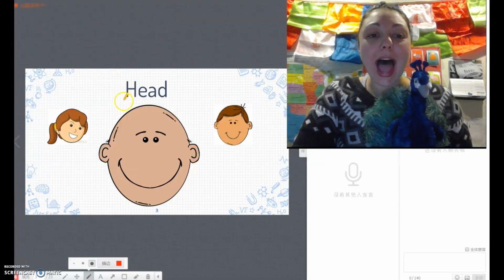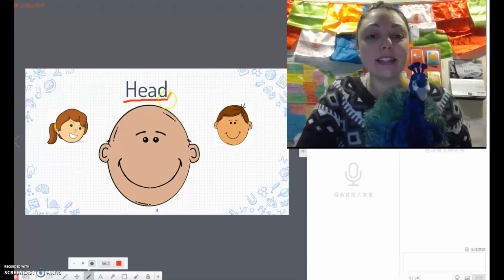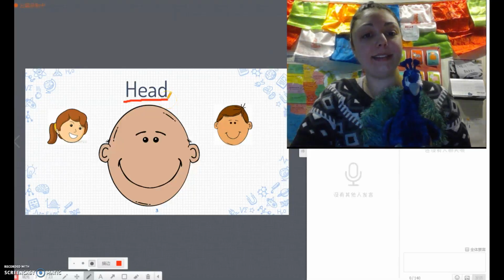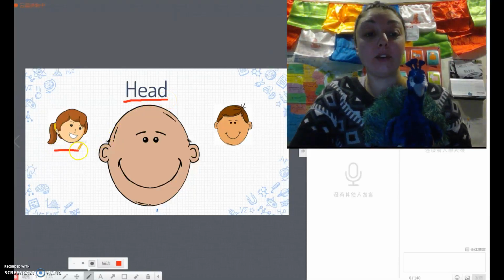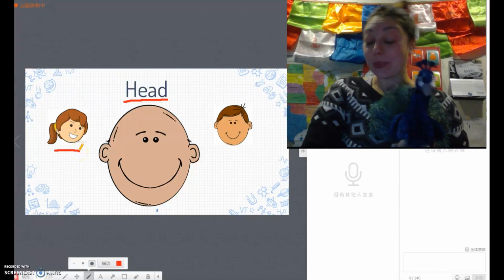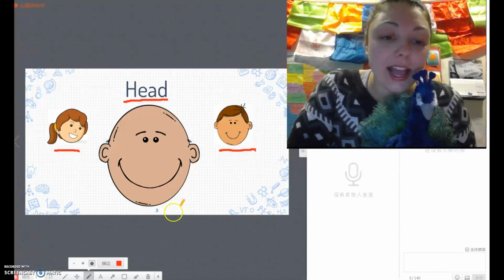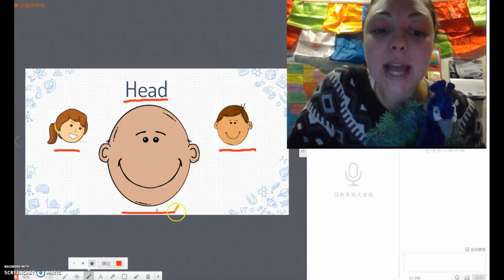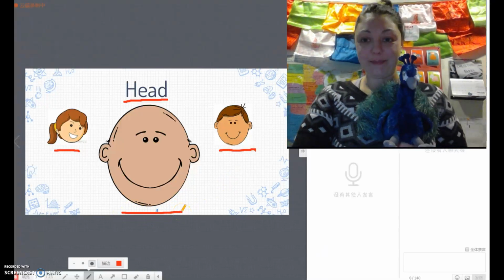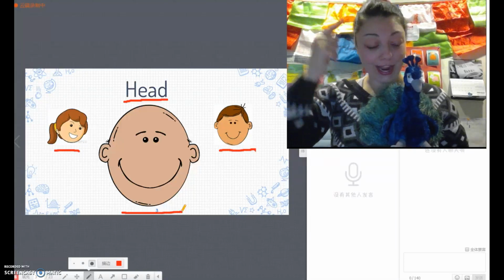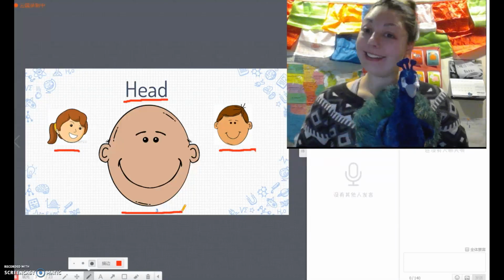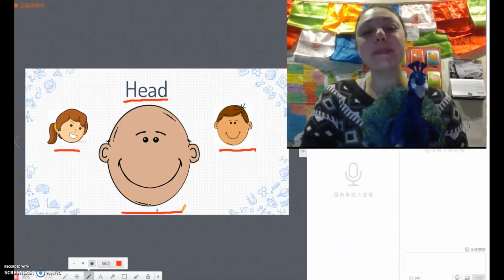Good. Head. Little girl's head and a boy's head and a baby's head. Everyone has a head, right? Lily has a head. Good. Head.